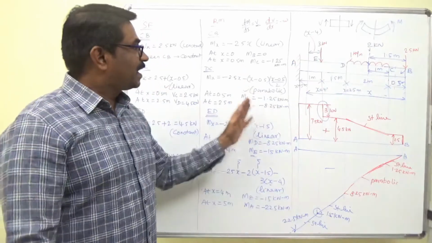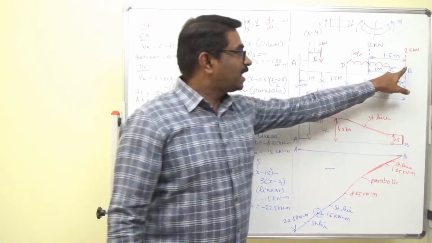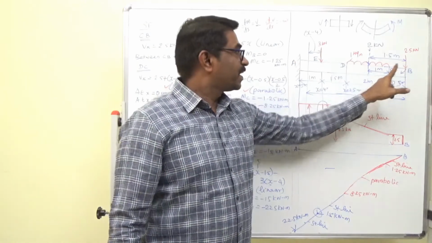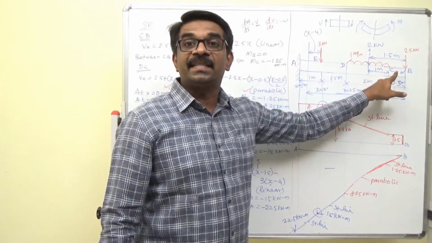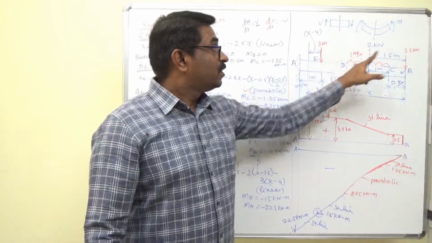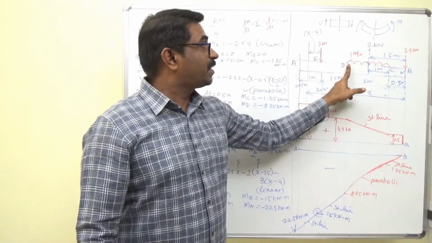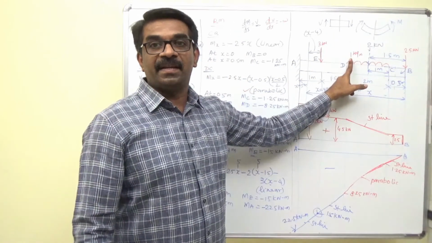Okay. Similarly, for bending moment, at B, it is 0. At C, 2.5 into perpendicular distance. At D, 2.5 into perpendicular distance, 2 into perpendicular distance.